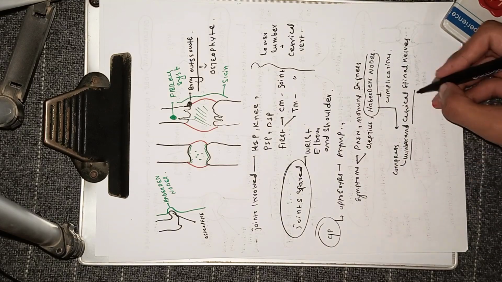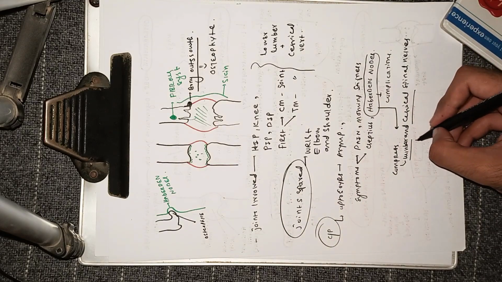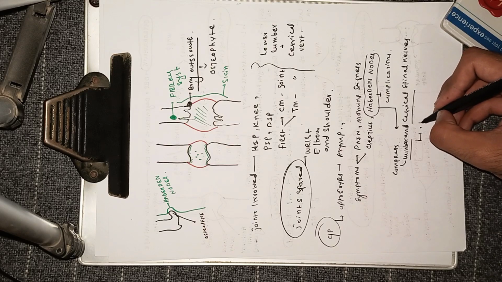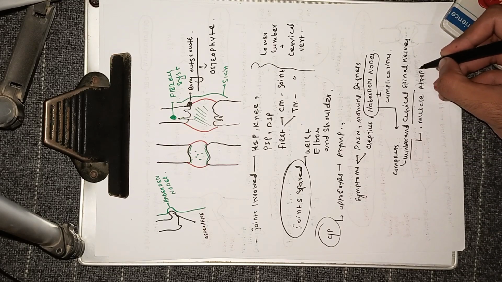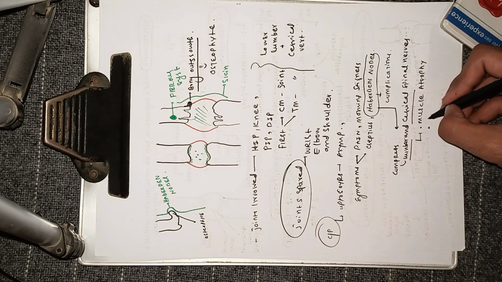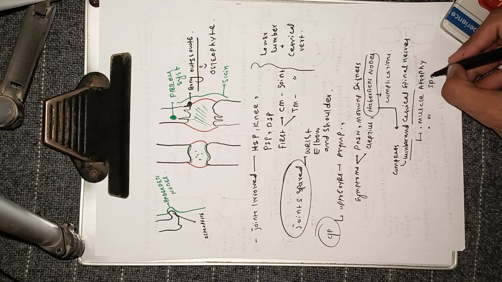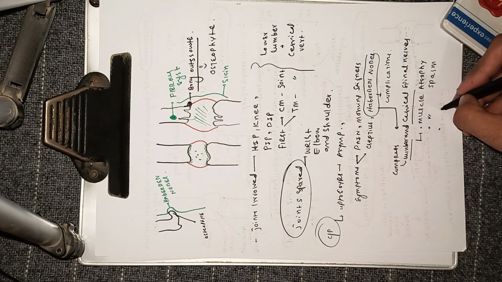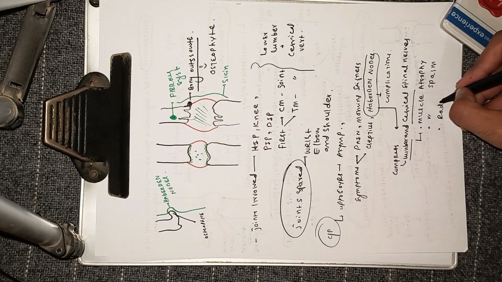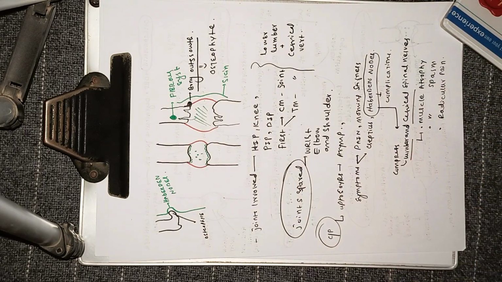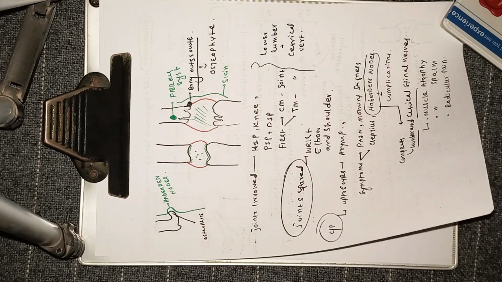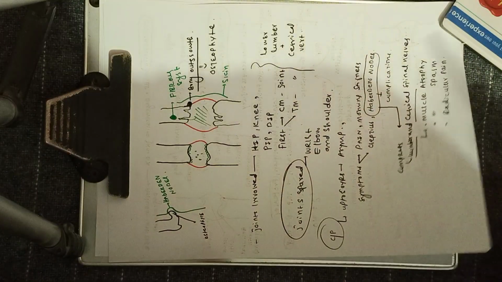So there will be muscle atrophy of the muscle to which these nerves were supplying, there will be muscle spasm, and obviously because the nerves are being compressed, there will be radicular pain, okay, as per your textbook. So now, okay, what is the management?